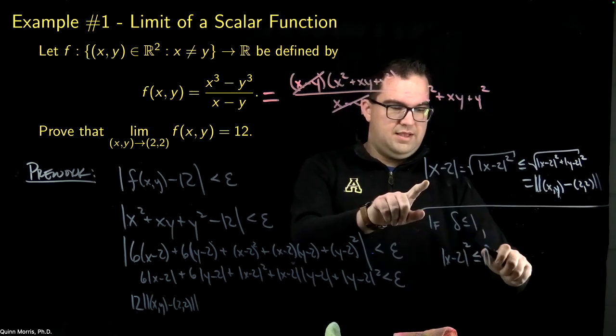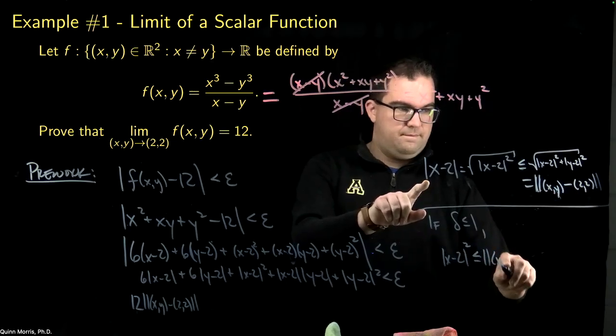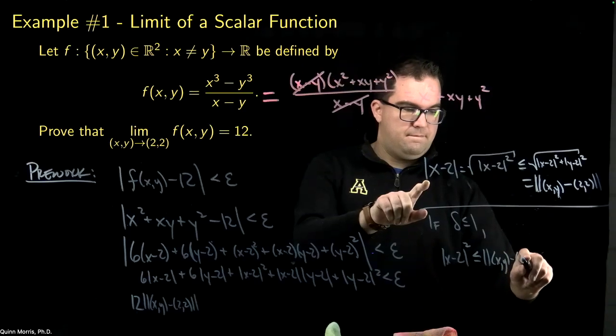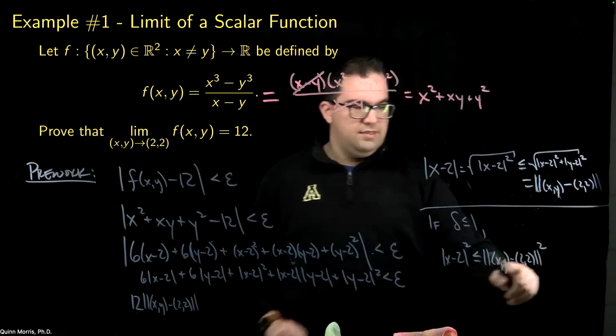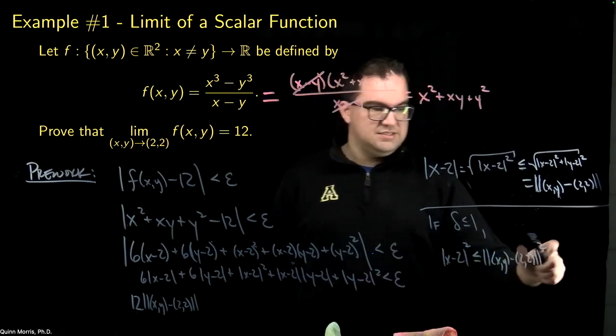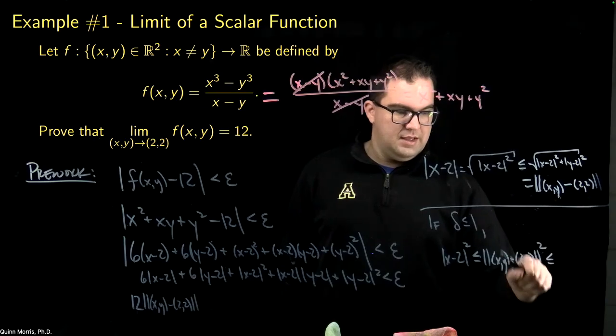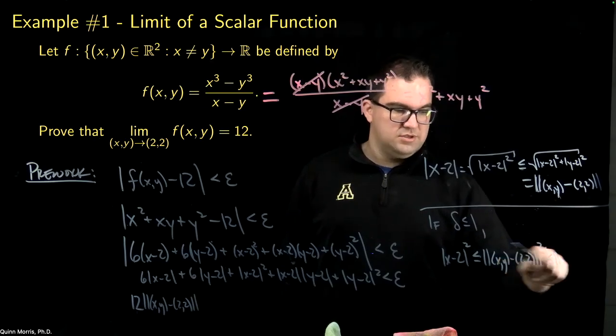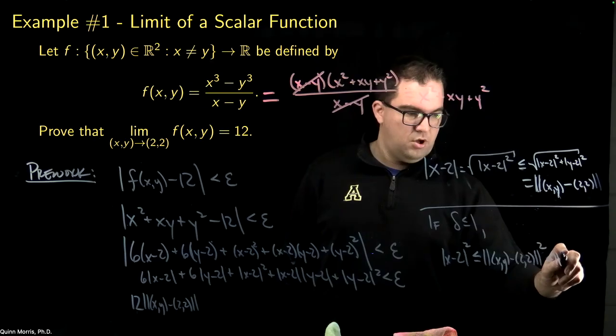So this squared will be less than or equal to that squared. And if my delta is less than 1, that means this thing is less than 1, and when you square something less than 1, the square is actually the smaller thing.